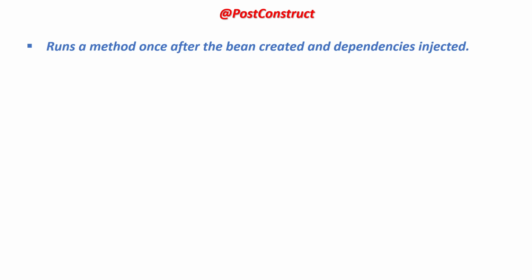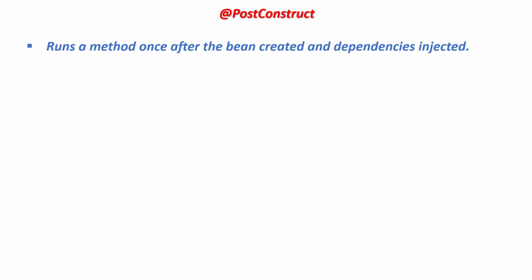Okay, so first look at the PostConstruct annotation. This annotation will execute a method once the bean is getting created and its dependencies are injected. That means, suppose you want to execute a certain method or certain functionality once the bean is created.